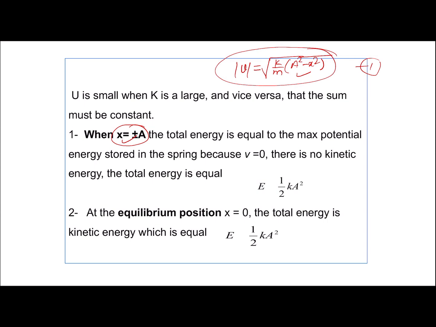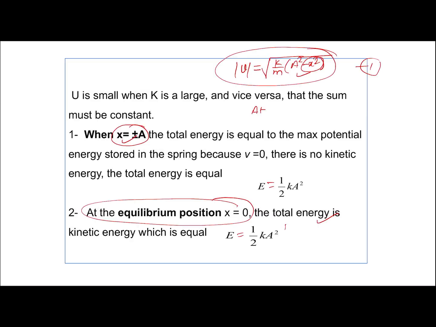But when it returns toward its mean position, the potential energy starts to decrease. At the mean position, that means the equilibrium position, x becomes 0 and velocity becomes maximum. So at the mean position, all the potential energy is converted into kinetic energy, and the total energy is equal to the kinetic energy.